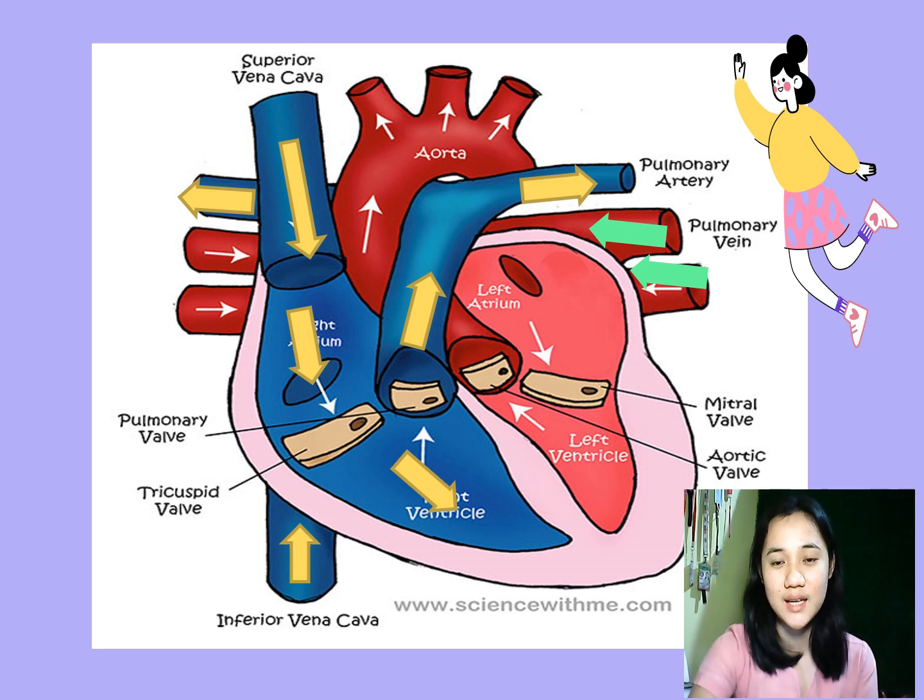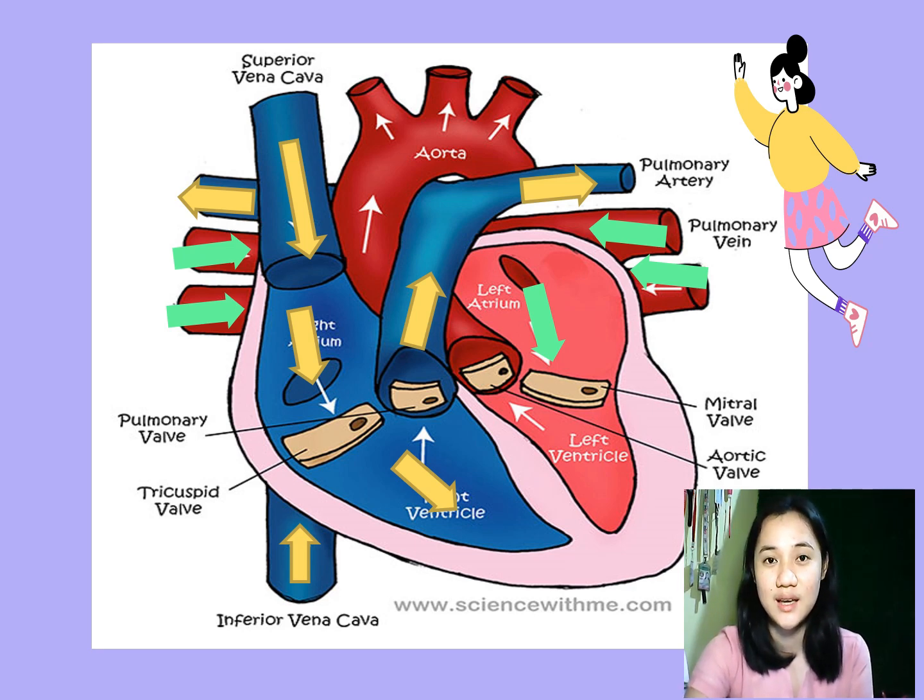Kaya yan artery, anong sabi natin sa artery? Away from the heart. Now, ano nang mangyayari pagdating niya sa lungs? The lungs will then supply oxygen to the blood through the process of diffusion, and yung blood ay babalik siya sa pulmonary vein.